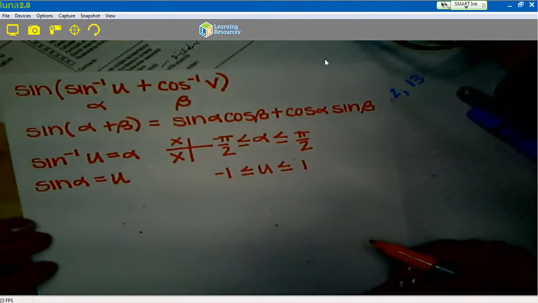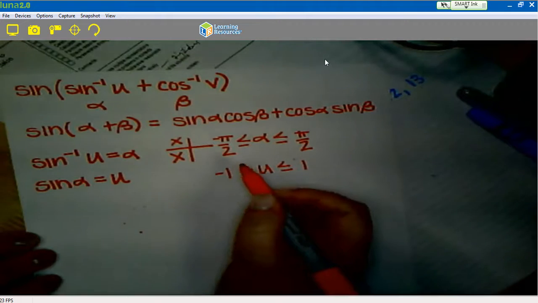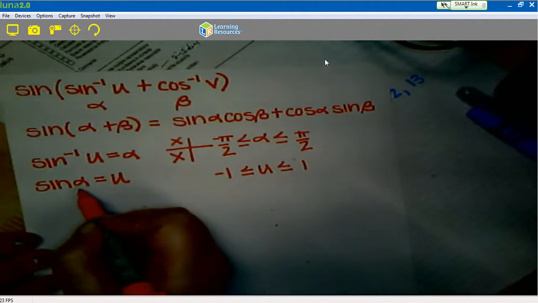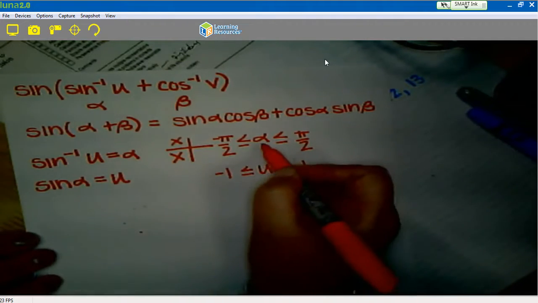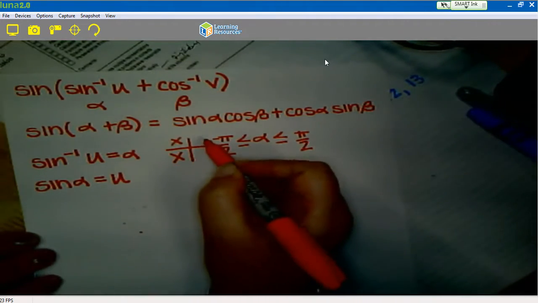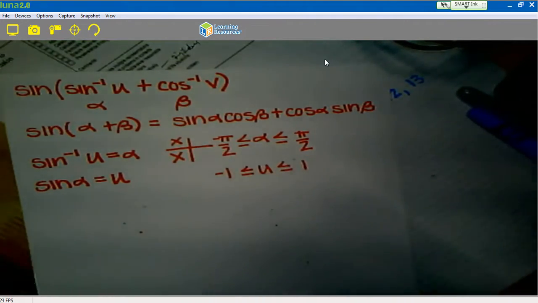Okay. So, because alpha is in quadrants 1 and 4, what does that tell you about the cosine of alpha?